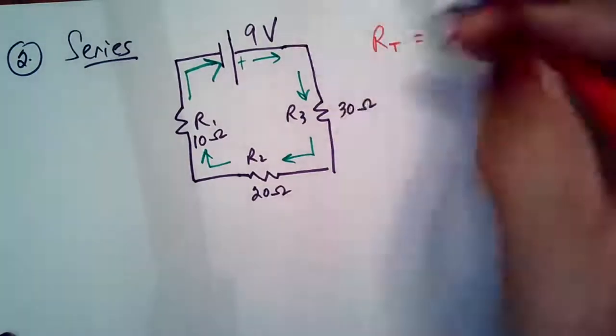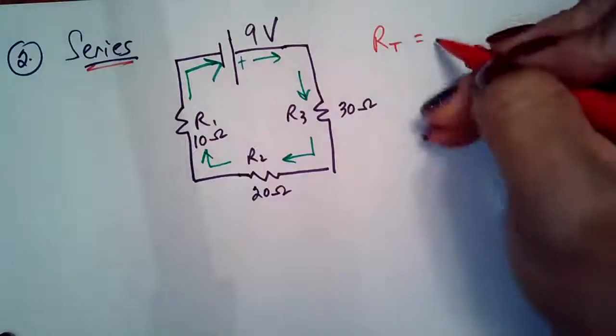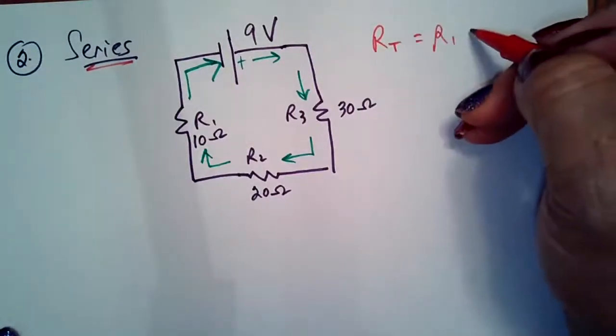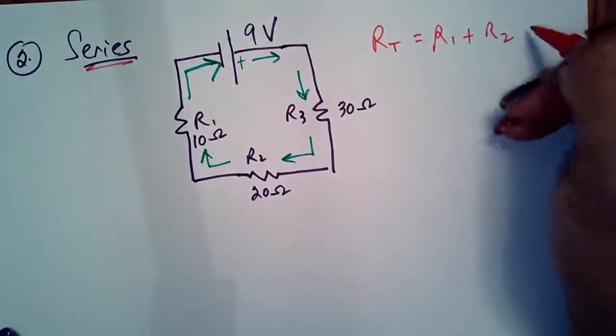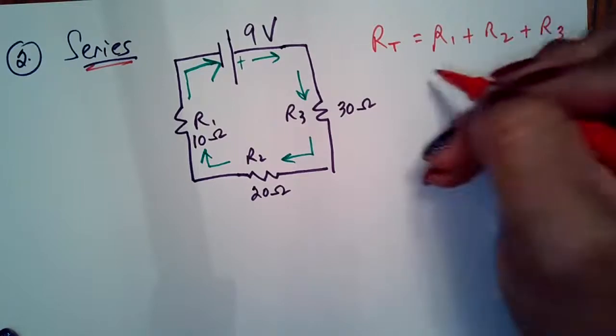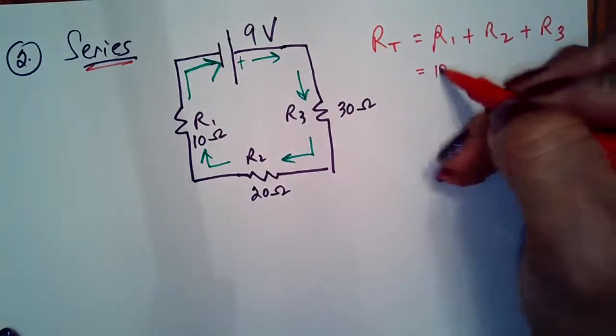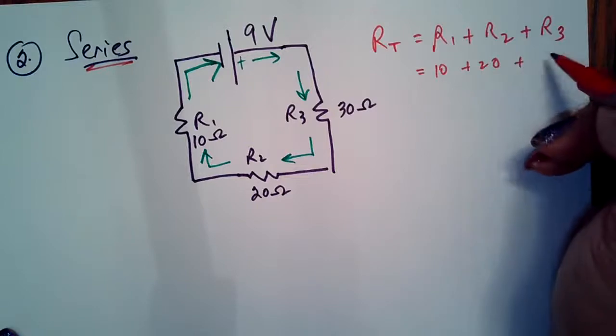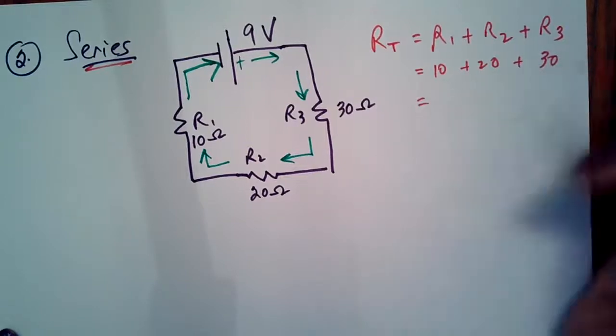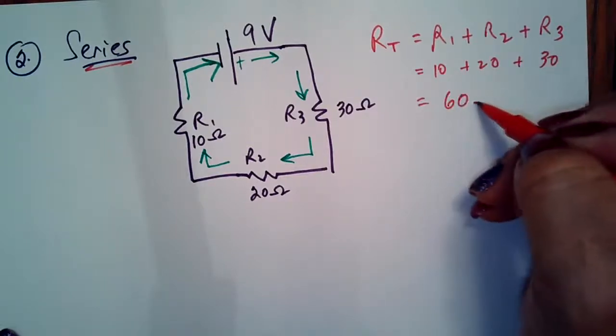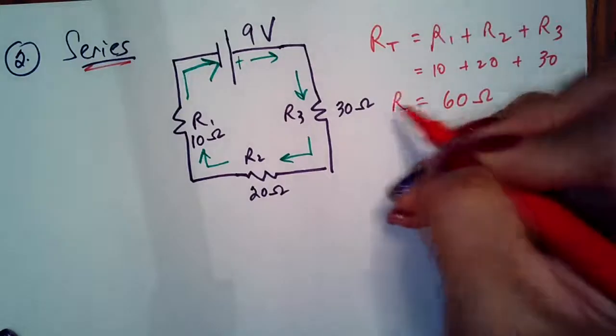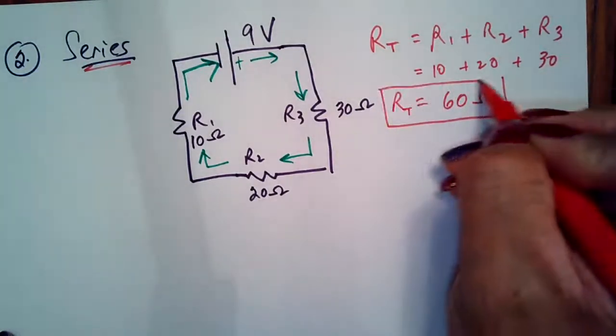Again, this is a series. So in a series, we have the sum of each individual resistance making up the total resistance. So you have 10 plus 20 plus 30 ohms, and you have 60 ohms total resistance for this circuit.